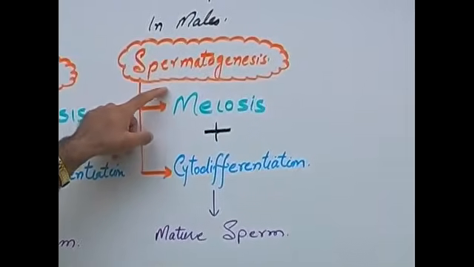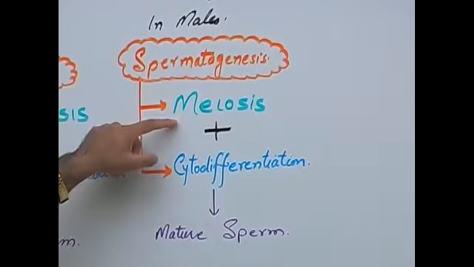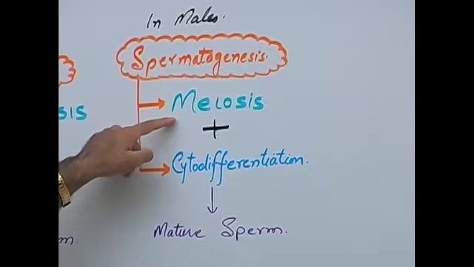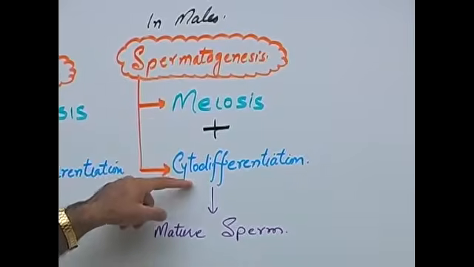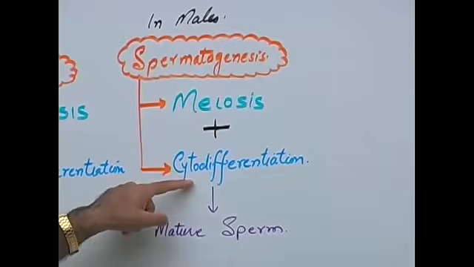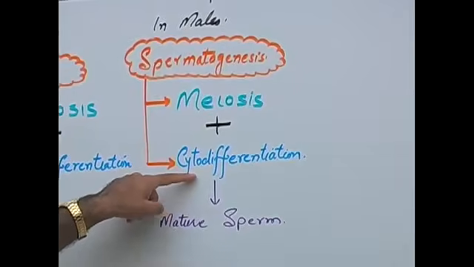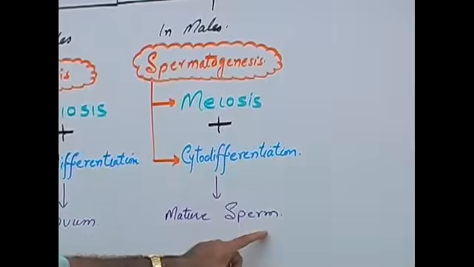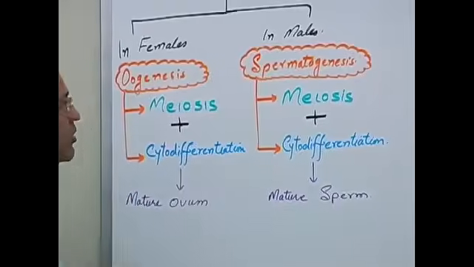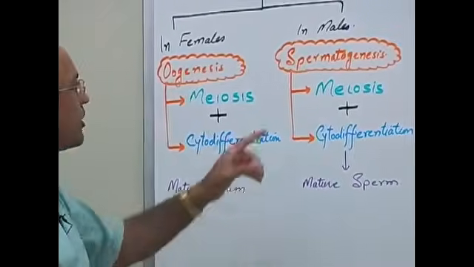And in males, during spermatogenesis, again there is the process of meiosis, which reduces the chromosome number to half in the final daughter cells, and the process of cytodifferentiation, which makes the maturing germ cells develop into mature sperm. Now, first I will go into the general concept of meiosis.